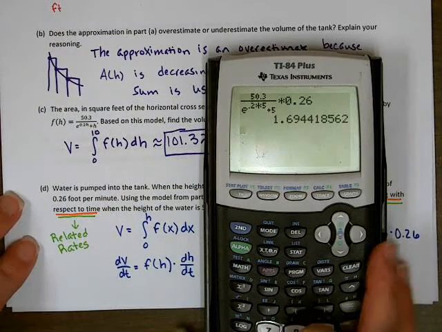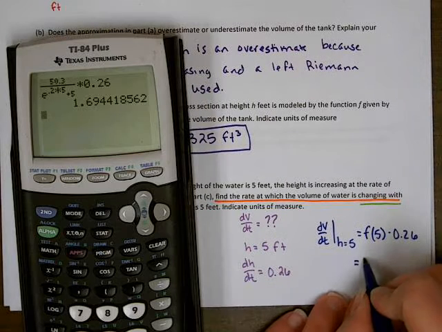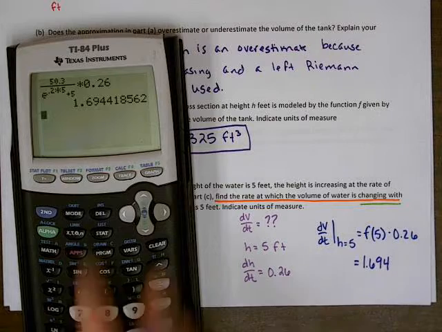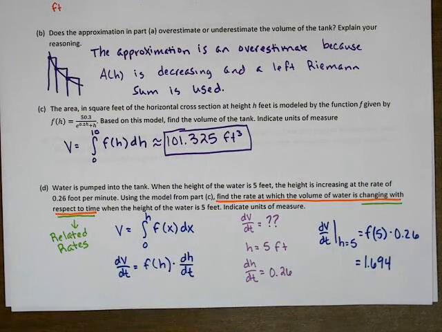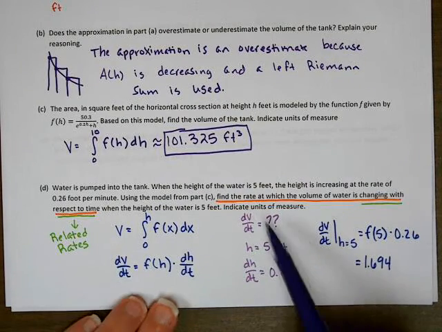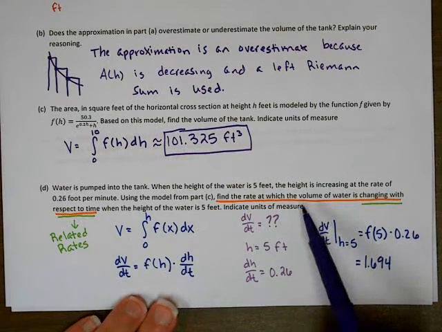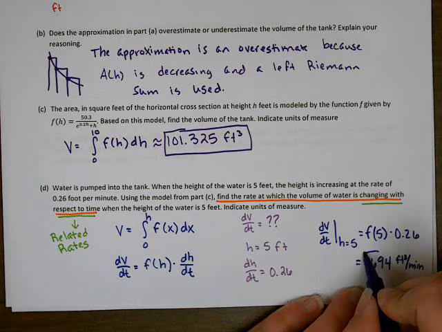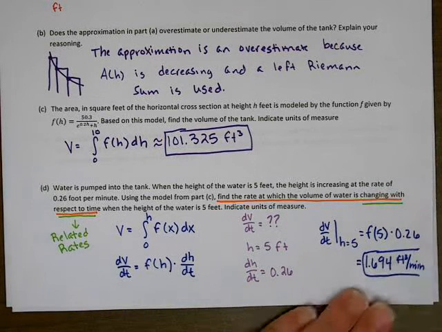All right, and then 3 decimal places, so we get 1.694. And then remember, we want to think about the units here. Since this is the rate at which the volume is changing, we know that it's cubic feet per minute. And there we go.